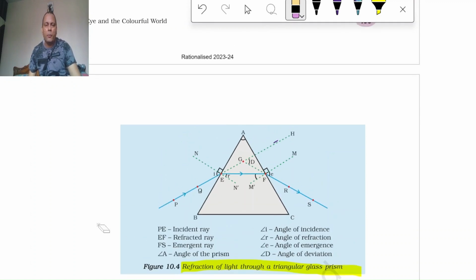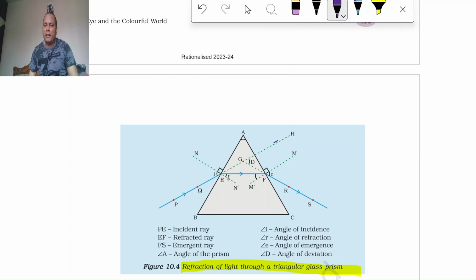So what are the points here? We should first understand the angle of incidence, and after that coming to the refracted ray, EF is the refracted ray.